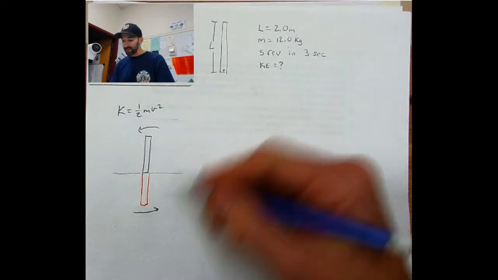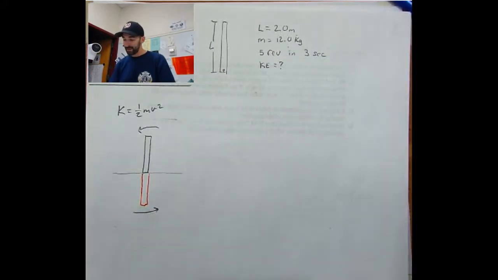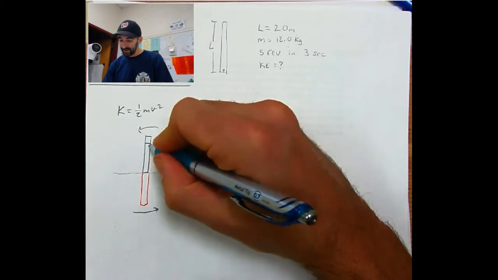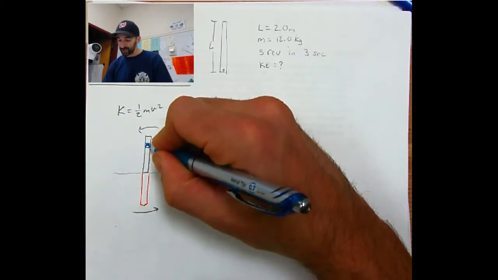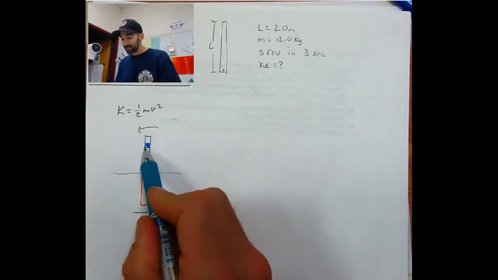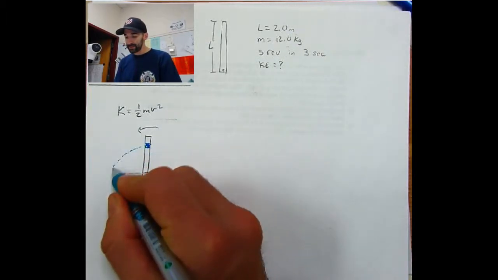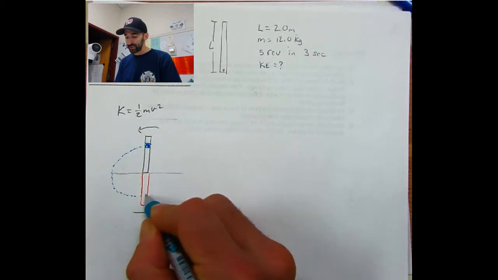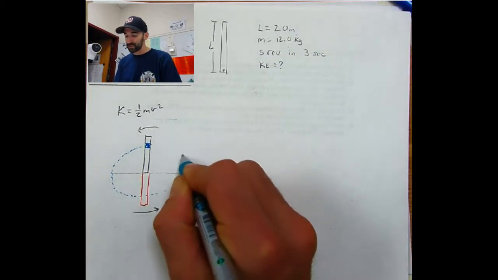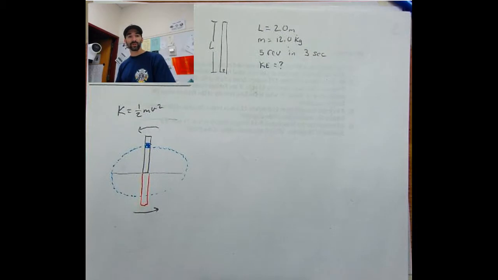So every point on this bar, if I look at this small section, is going to make some circle. Some circular motion. Excuse my very poor circle.